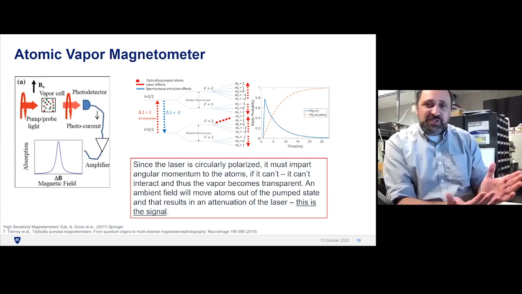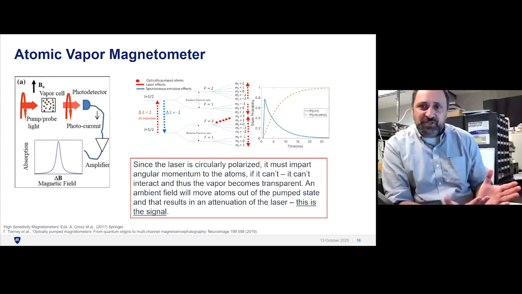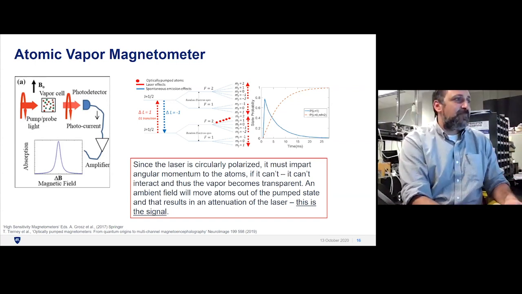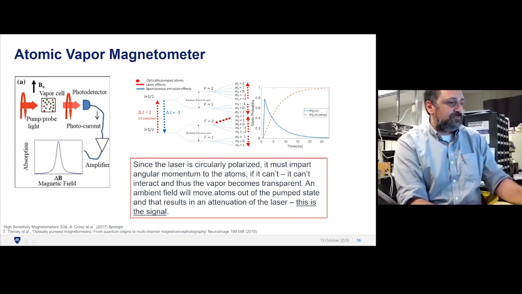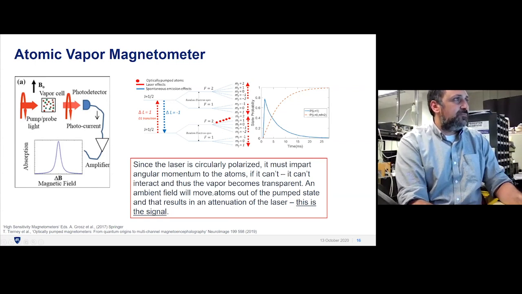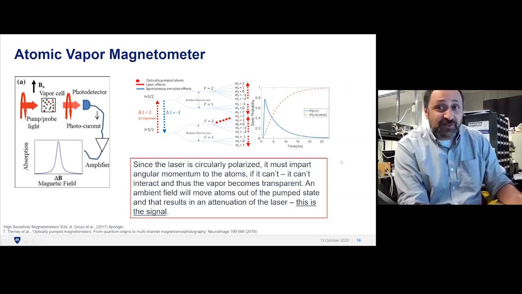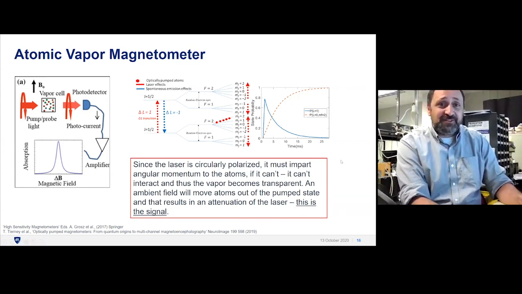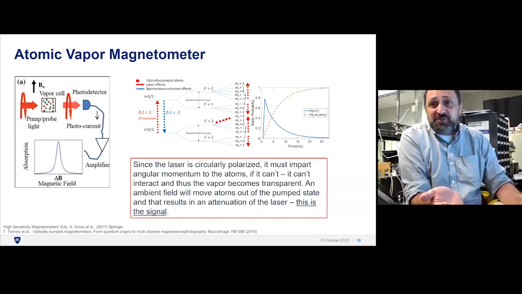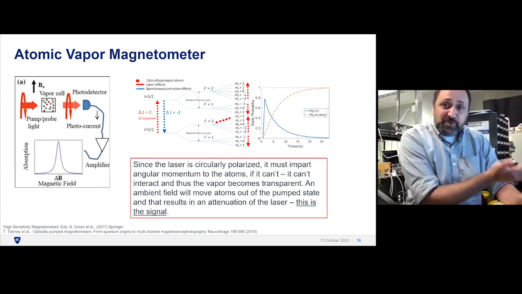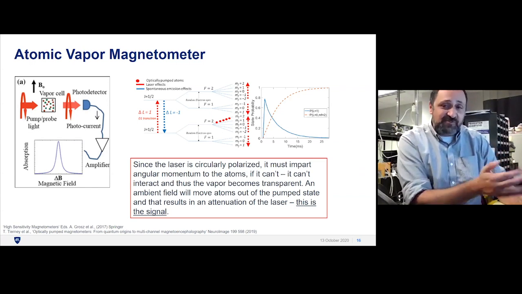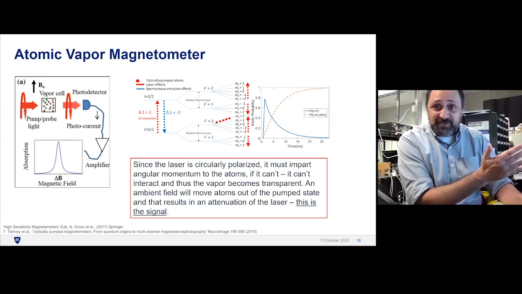So the fundamental physics limits the frequencies you can measure. But if what you care about is MEG, does it matter? No. Because all we care about is stuff around 100 hertz. So there's a perfect application for this very sensitive magnetometer.